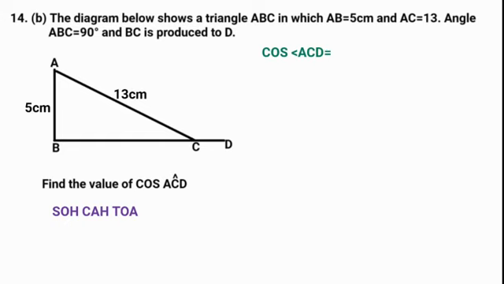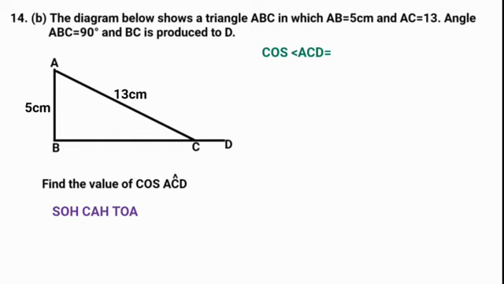SOH is for sine, CAH is for cosine, and TOA is for tangent.